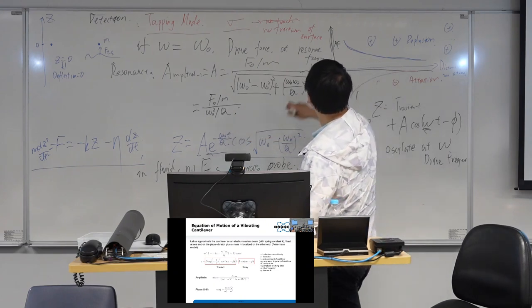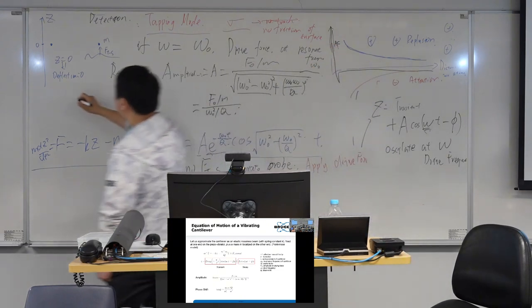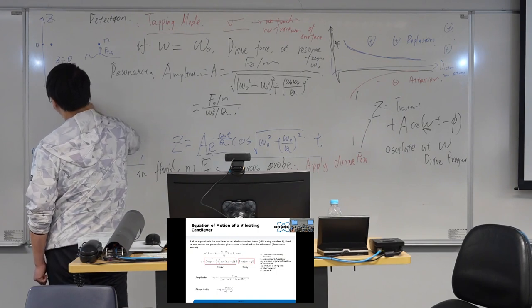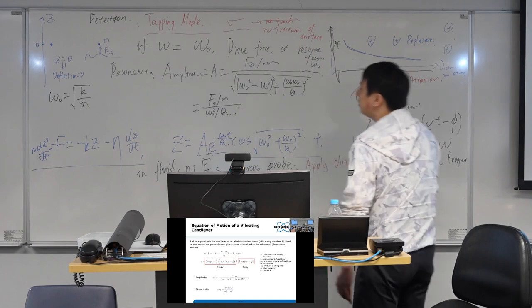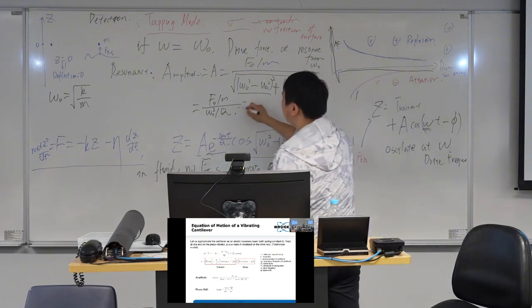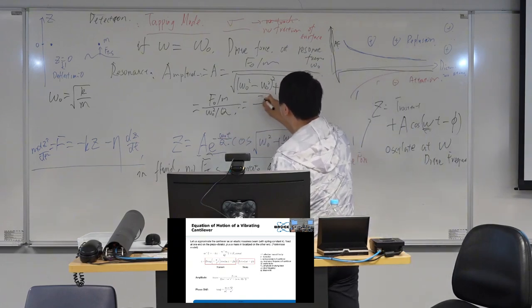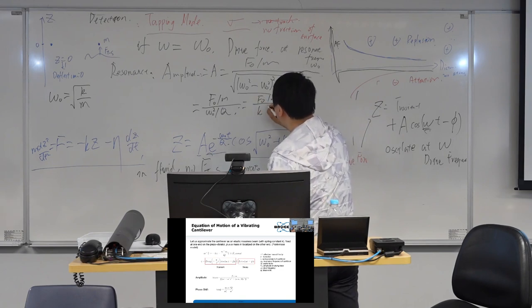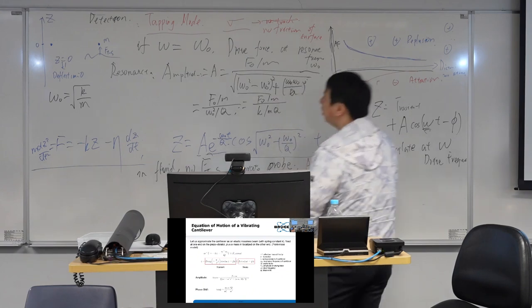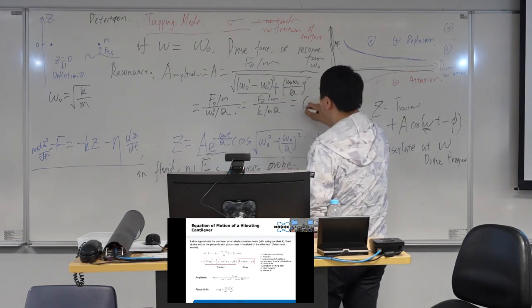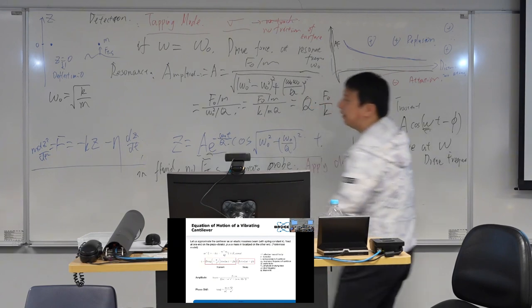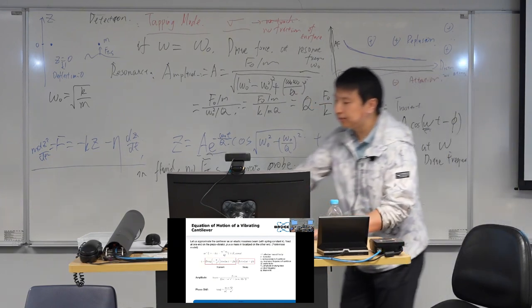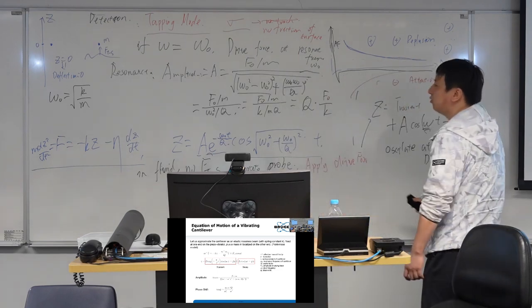I erased them. Omega 0 equals K divided by M, so omega 0 we can write down as K divided by M Q. So it equals Q times F0 divided by K. That's the final result.